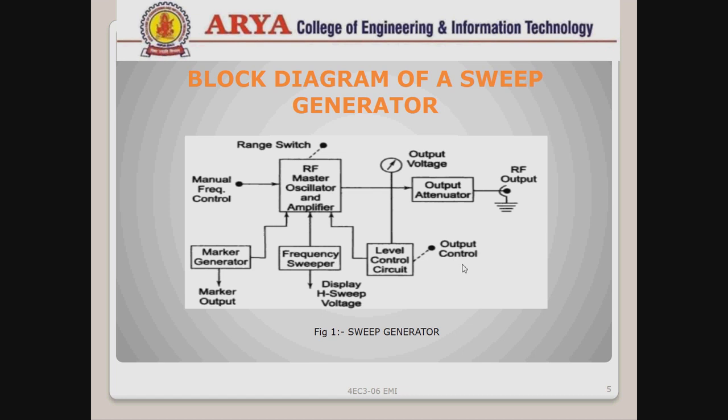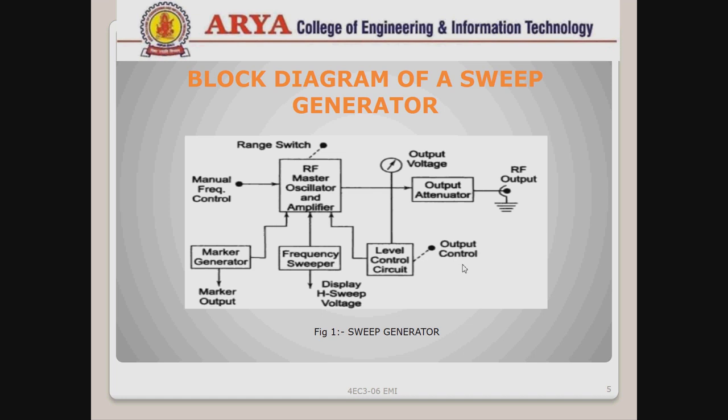In the RF master oscillator, we have four inputs and one output. One input is the manual frequency control input, and the other three inputs come from the marker generator, the frequency sweeper, and the level control circuits.